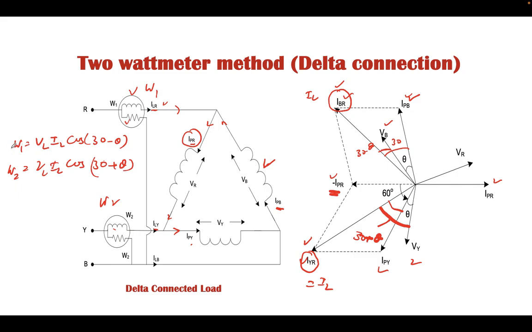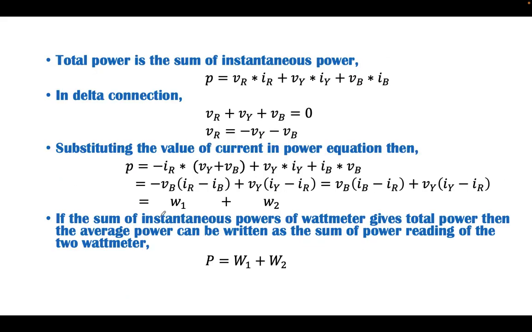Hence, the readings of wattmeter 1 and wattmeter 2 in the case of delta connection are defined in the same way, as VL IL cos of 30 minus theta and VL IL cos of 30 plus theta. And this is again proved over here.